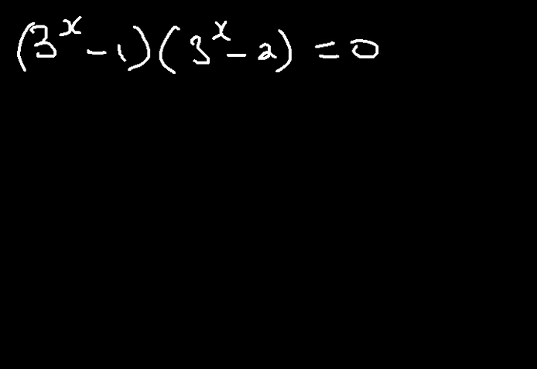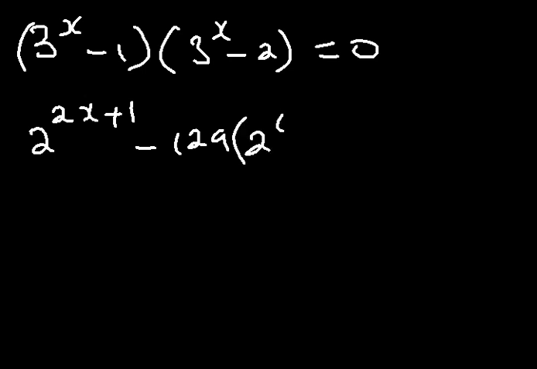And let's say we have 2^(2x minus 1), there should be plus, minus 129 times 2^x, plus 64, which is equal to 0.